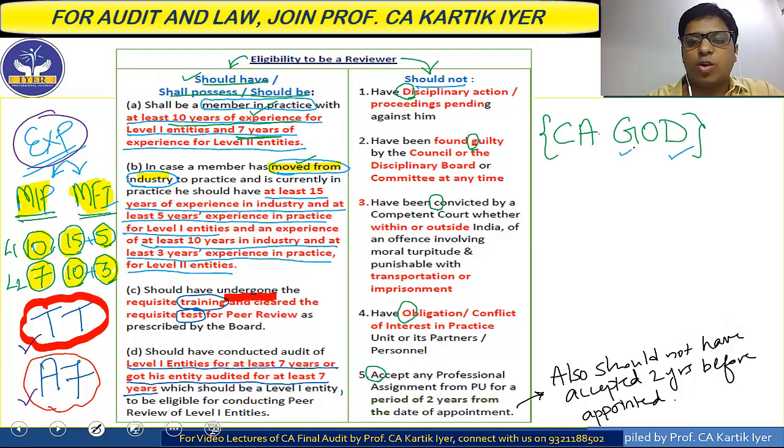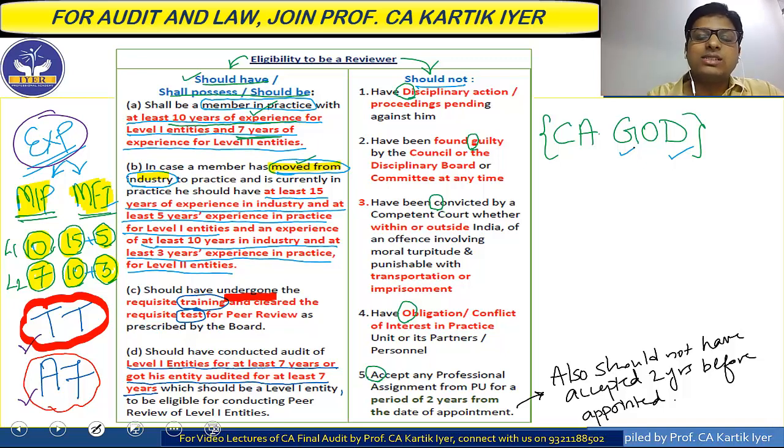So if that person has been found guilty, then again, that person will not be able to be a reviewer. Okay. You cannot get your records reviewed by an organization or a person who has been reprimanded for disciplinary action or the proceeding is going on against him, or that person is guilty by the ICAI or the disciplinary board or the committees. Now if such things happen, then it seems that that person is a very shady person.